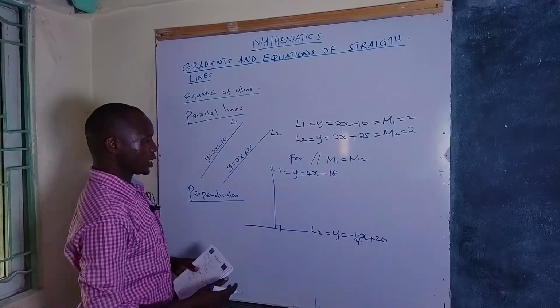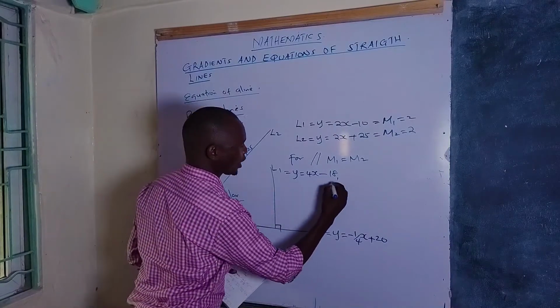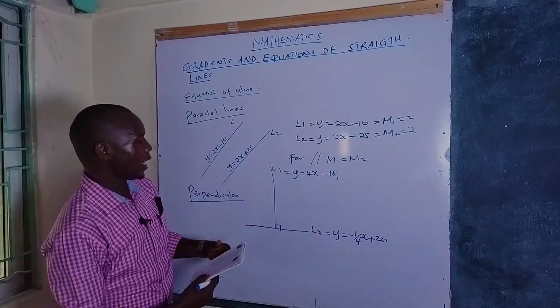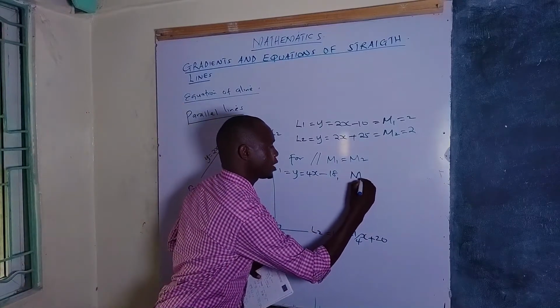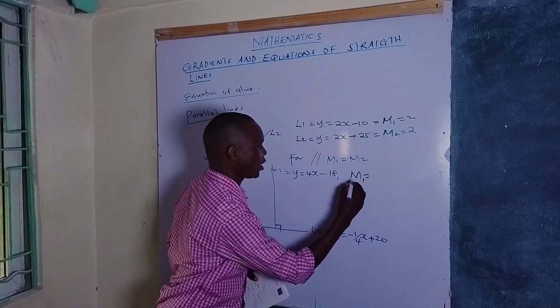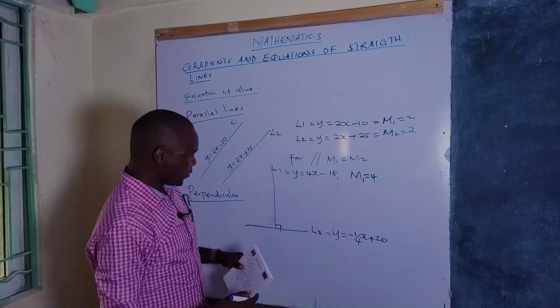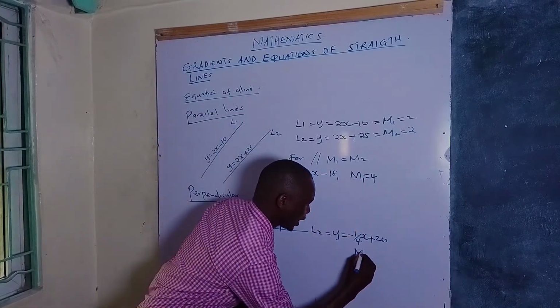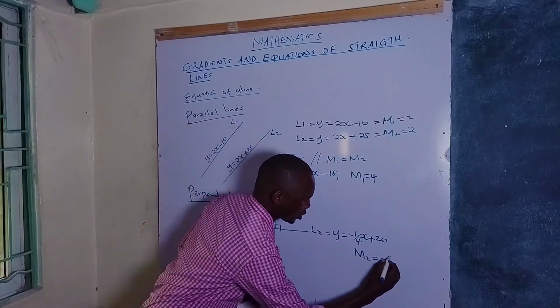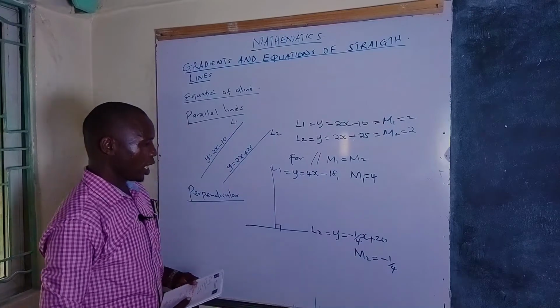So if you look at line 1, we are able to identify the gradient. The gradient is usually the value behind x, and in this case our gradient is going to be m1, and our m1 is 4. Then for line 2, its gradient will be m2, and in this case our m2 is going to be negative a quarter.